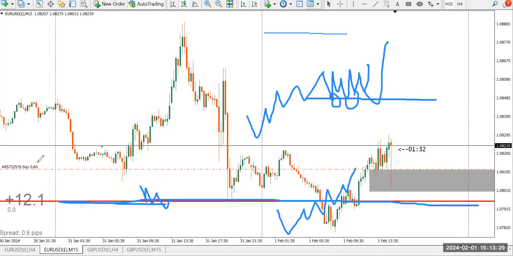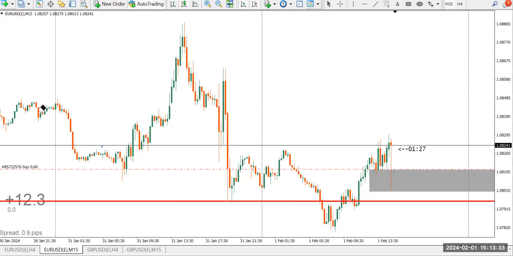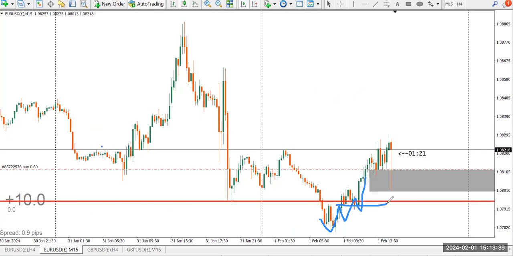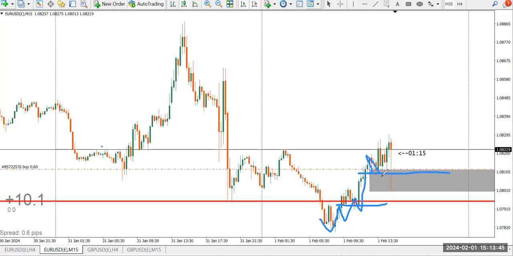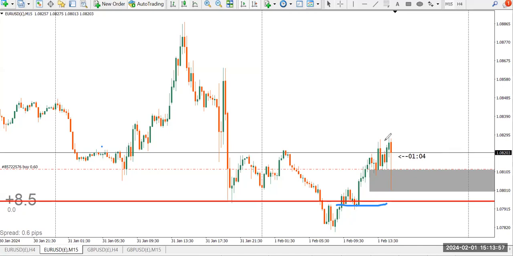The market started moving, stalled here in the past, but we didn't take that. Now the market stalled here and is respecting that area. Before this spike that you saw now, I had taken the trade. I think there's a small news from the US again.